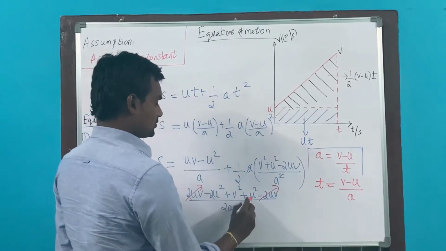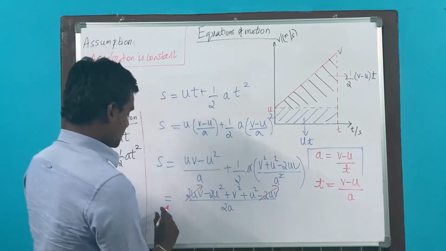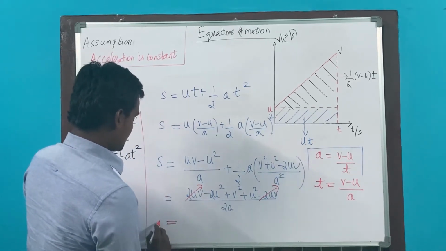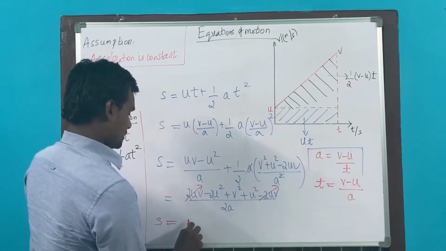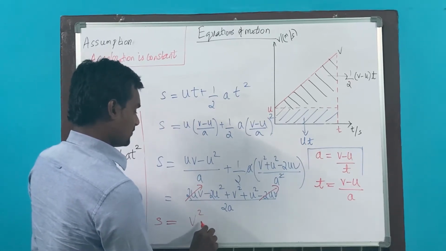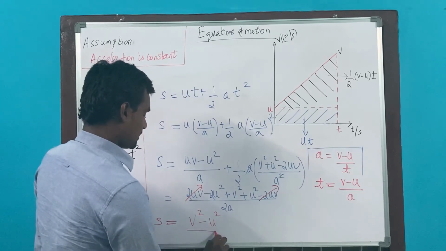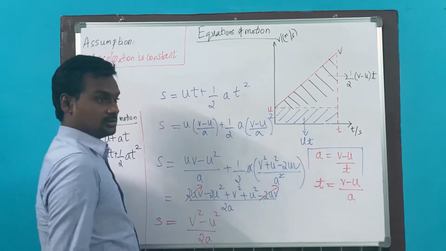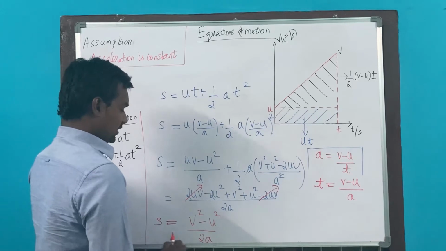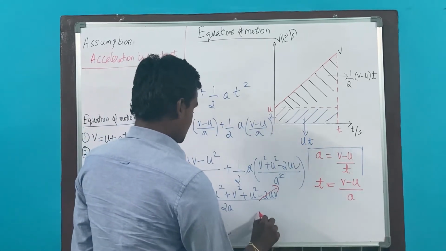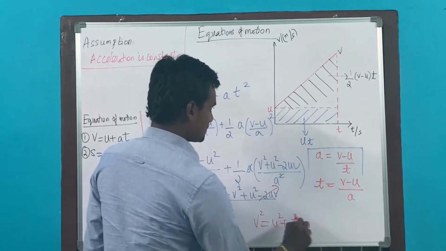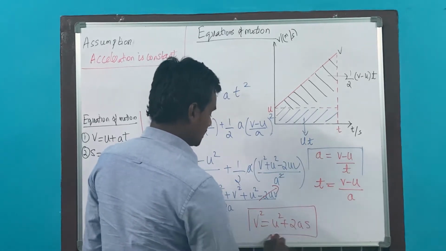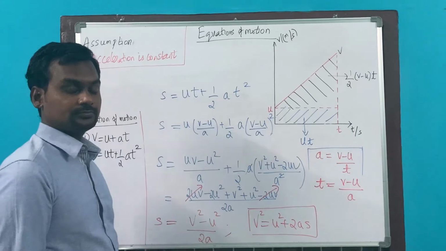So these two terms become minus U squared, right? On the right hand side, I have S. So you have (V squared minus U squared) by 2A on the other side. If I rewrite this, I get V squared equals U squared plus 2AS. That's your third equation of motion.